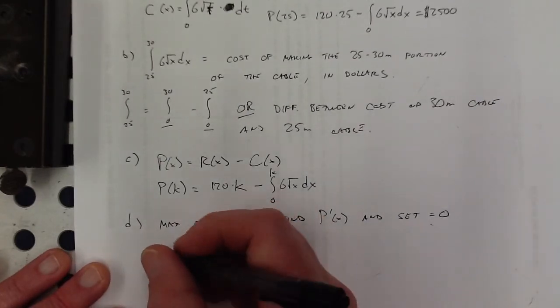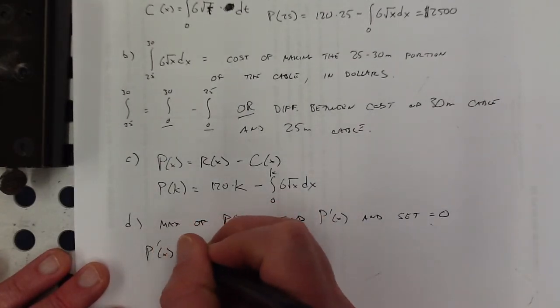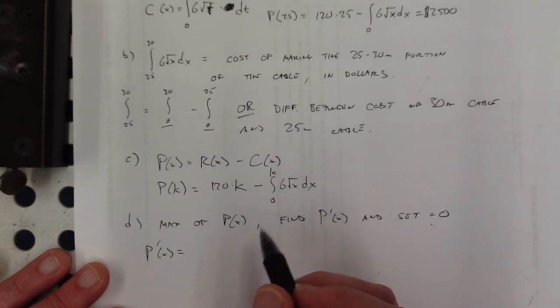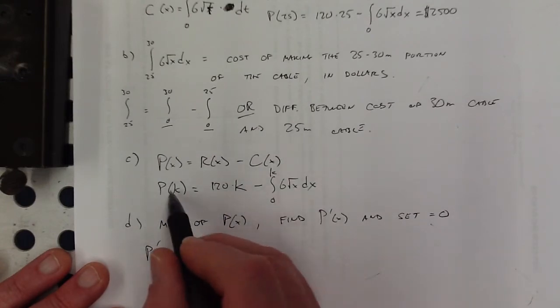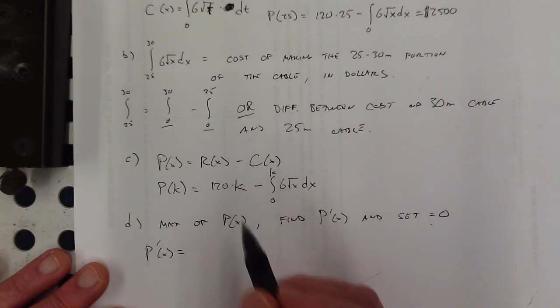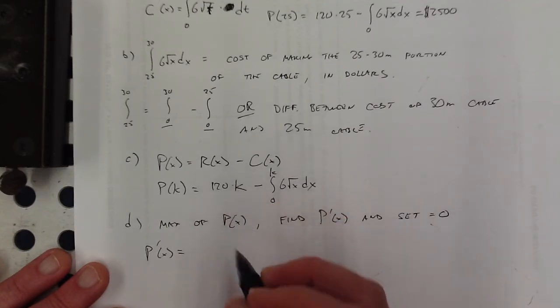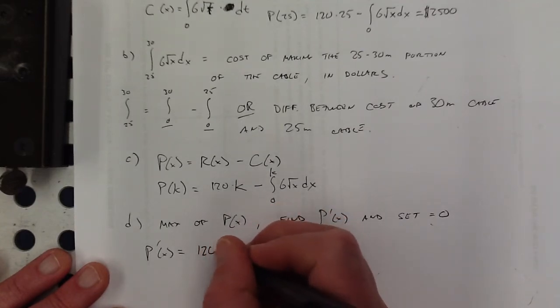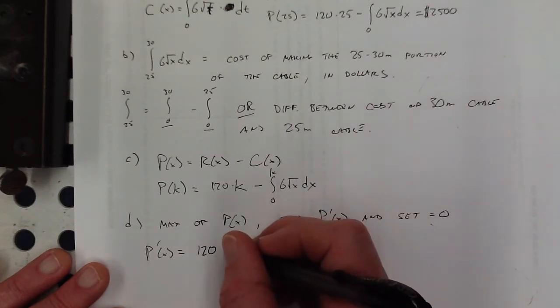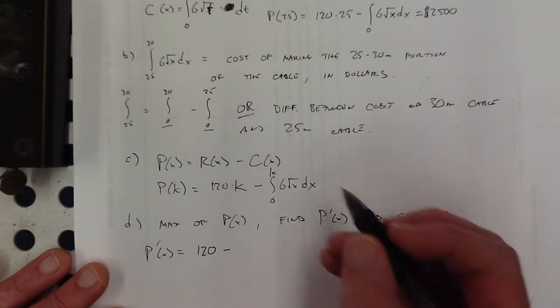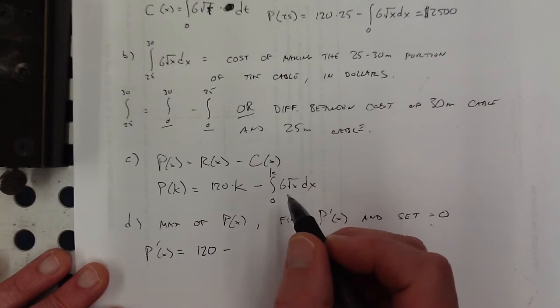So let's do that. So p prime of x is equal to, imagine this with the x's in there instead of the k's. So if that's 120x, when I take the derivative of that, that's 120 minus the integral here.